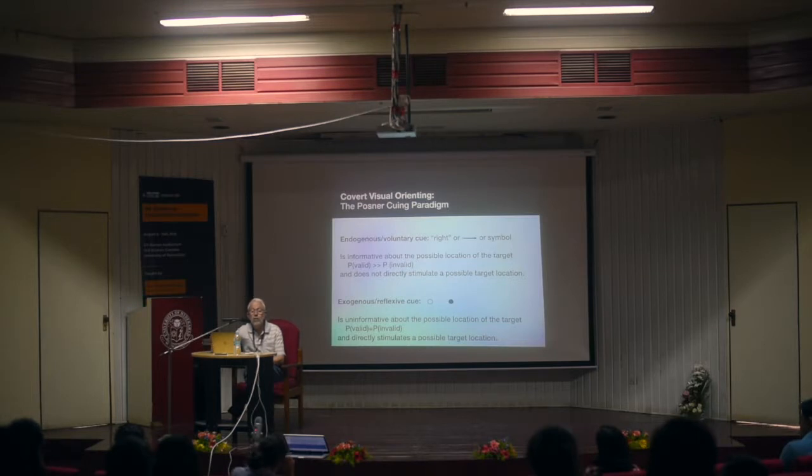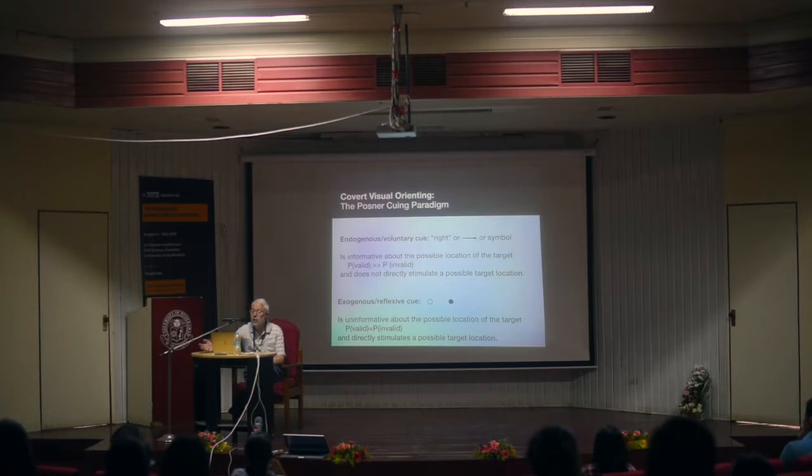Like you could reward the participant more if they were right for attended than for unattended targets, or you could simply tell them to allocate that much more attention and make everything equally probable. Importantly, if you're exploring endogenous orienting, the cue should not be presented or should not stimulate the pathway of any of the target locations. So that's why cues are central and the targets are in the periphery.